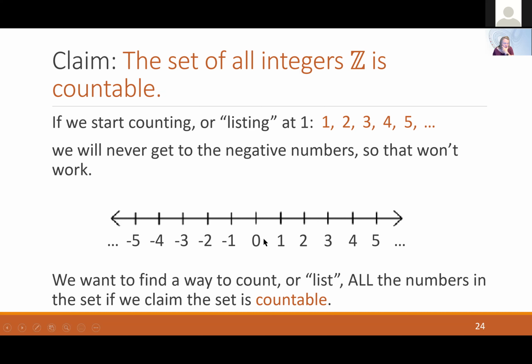What I want you to do is take a minute and just look at the number line and think about, is there a way that you could think of that we could count all of the integers and not skip any of them, not skip over these negative integers? So take about 30 seconds to think about that.